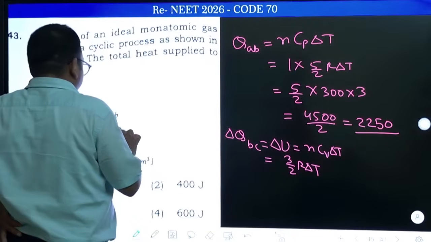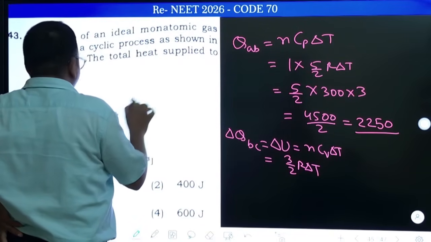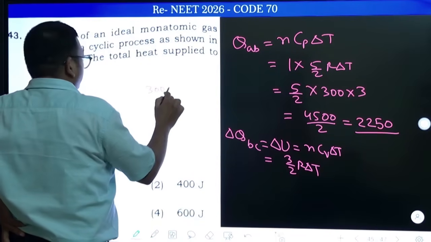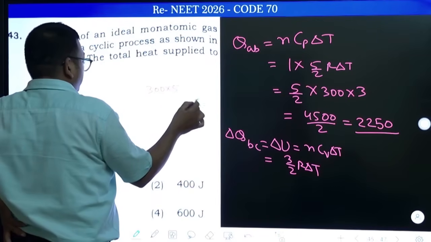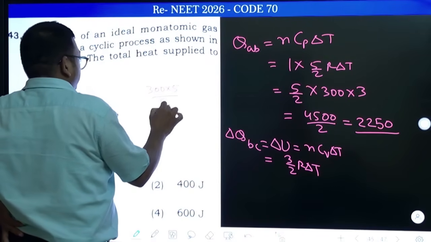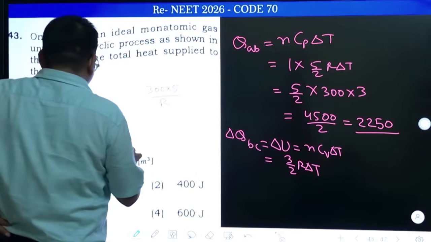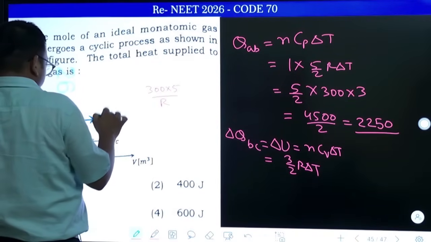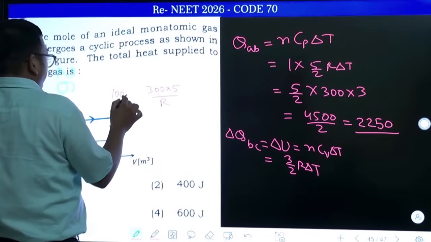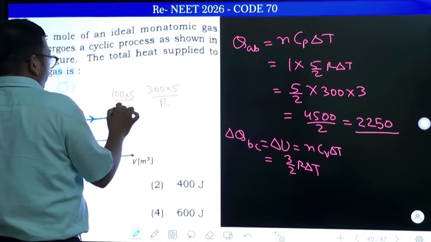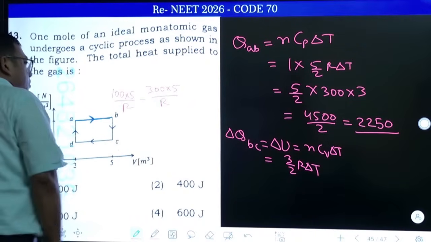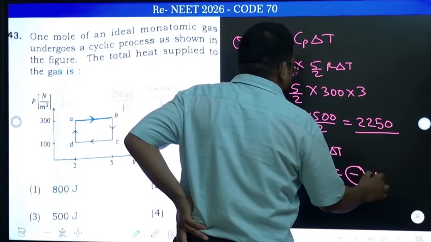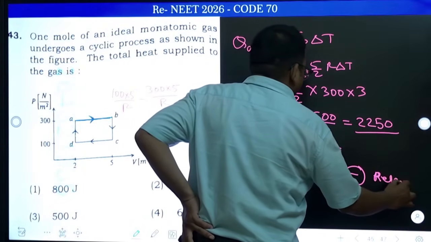Here pressure is 300 and volume is 5, so PV by R is the initial temperature. Similarly, here volume is constant, so the final pressure is 100 into V by R. This is going to be negative, and negative means this is released. You don't take this, released.